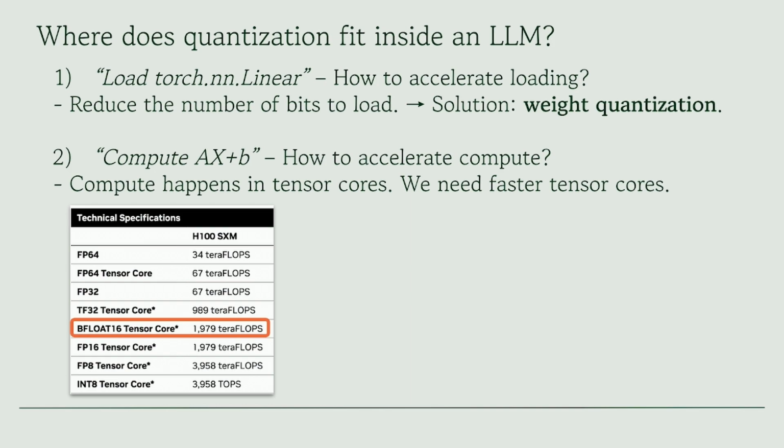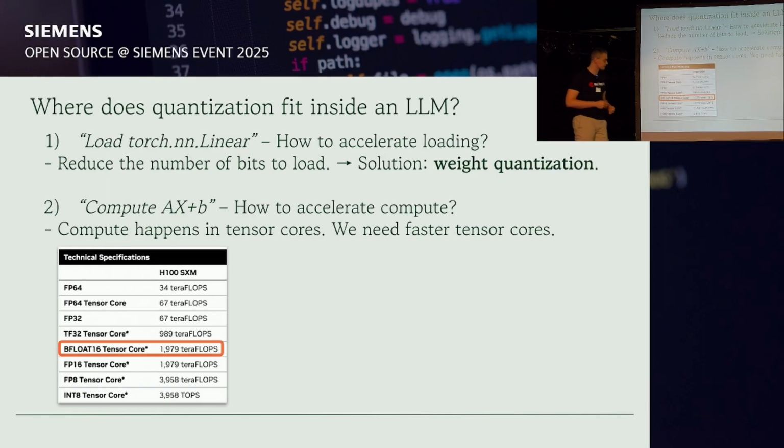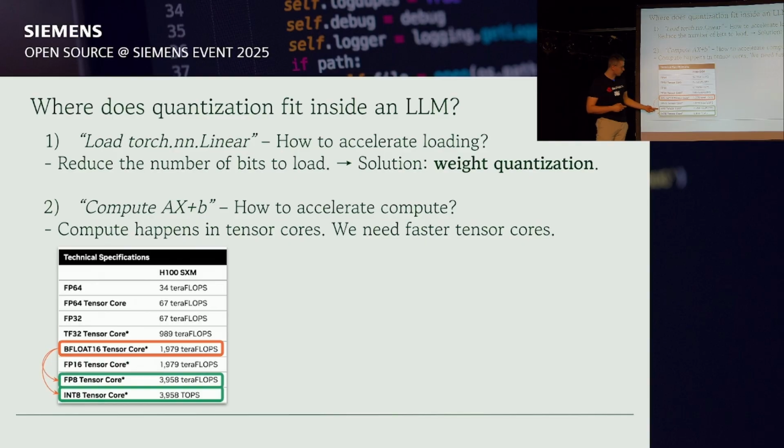If we look at this technical specification, we see that this GPU also has two more tensor cores, FP8 and INT8 tensor cores, which have 2 times more teraflops. Which means that if we are able to leverage these lower precision tensor cores, we can get almost 2 times faster matrix multiplications.